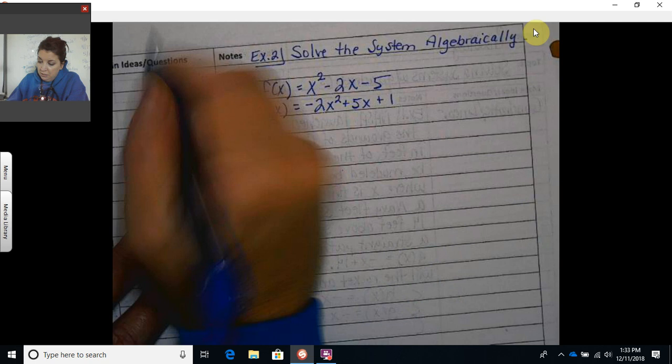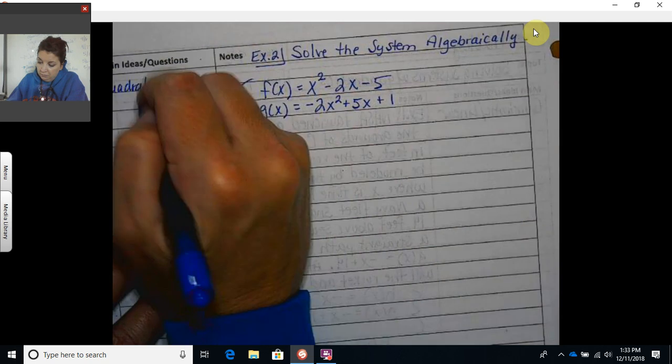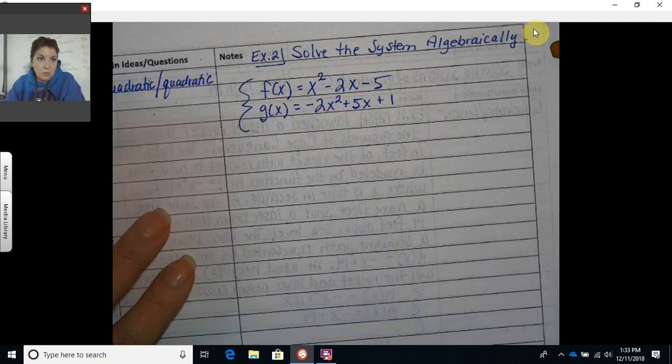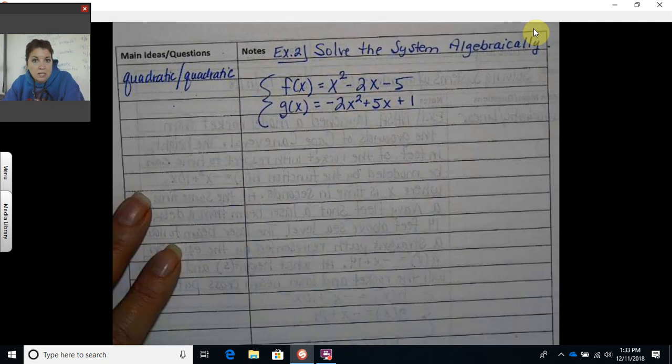So this kind of system is a quadratic and a quadratic. So when I give you your assignment, when you have 2 quadratics, you'll know, go in your notes, look for quadratic and quadratic to help you solve this type of system. Okay?